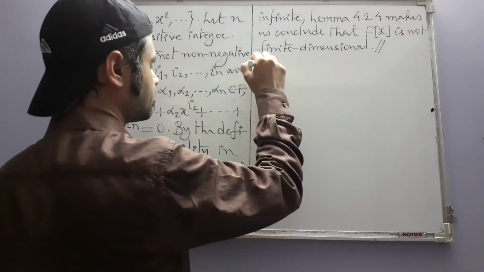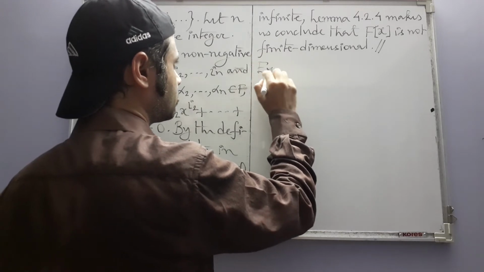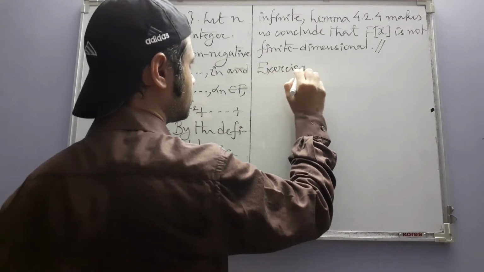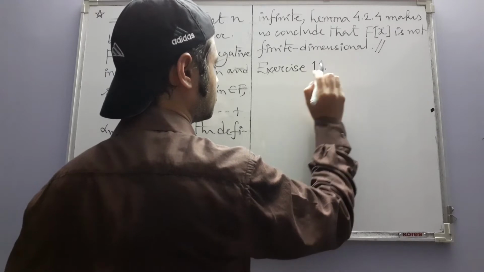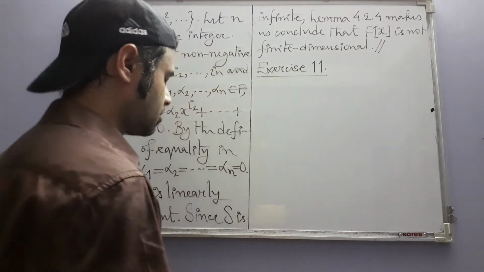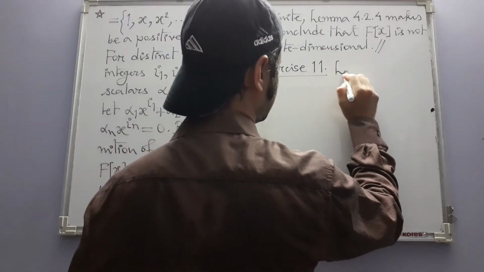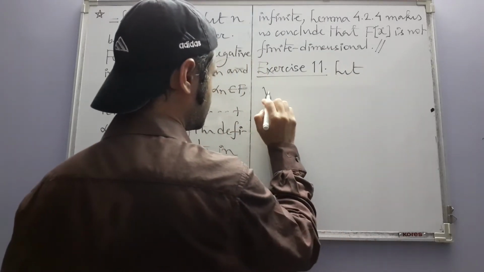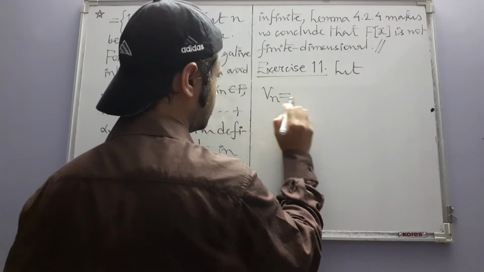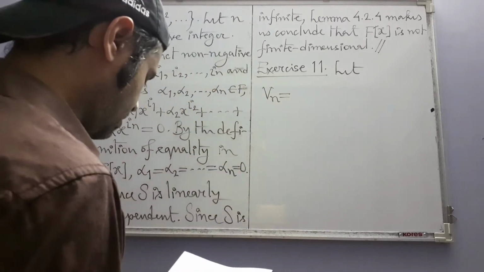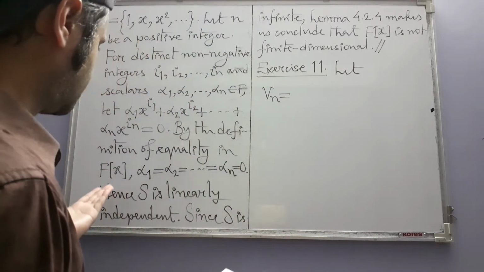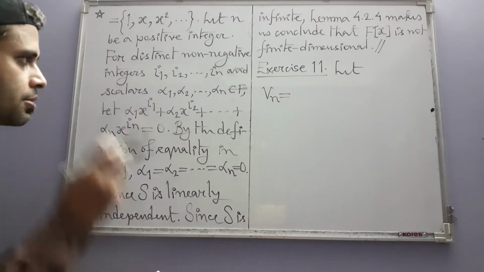Okay, so next, exercise 11. Let a set be given, V_n, which you will see is a subset of this F[x], the polynomial space.